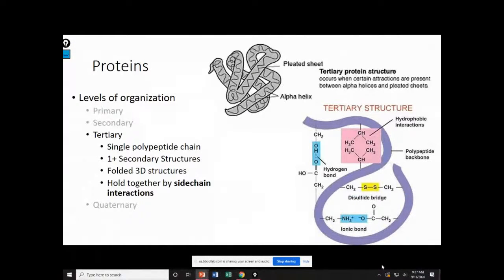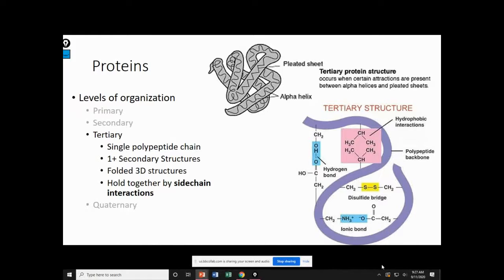The way we get that 3D structure, our origami, is with side chain interactions, which we have not used until now. Those R groups, with all that diversity, start to play a role. They haven't played a role up till now because their bonds, for the most part, are a lot weaker than the hydrogen bonds we were just looking at.